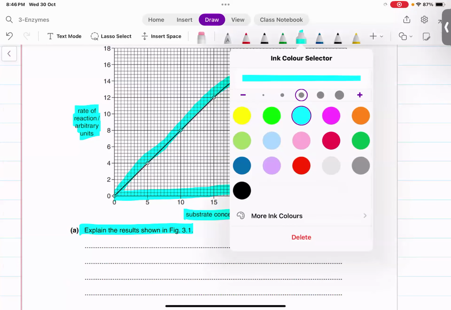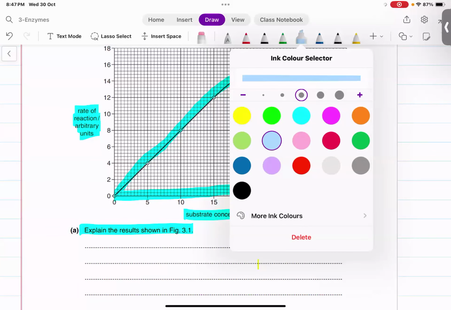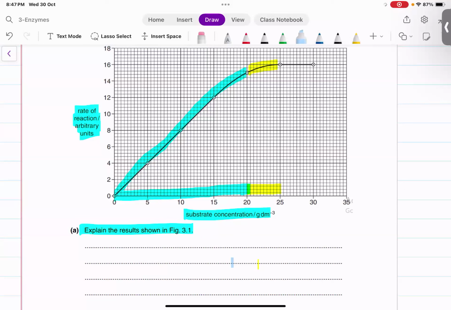Then from 20 to 25, there is a less steep increase in the rate of reaction. And further, from 25 to 30, the rate has become constant.